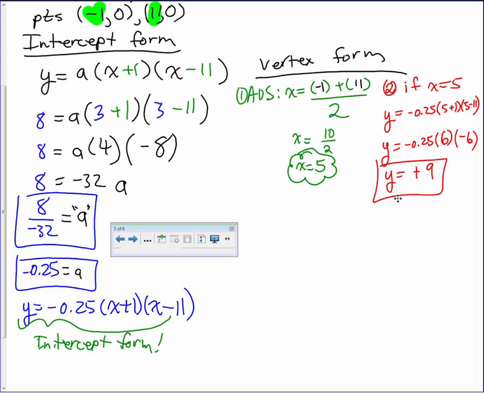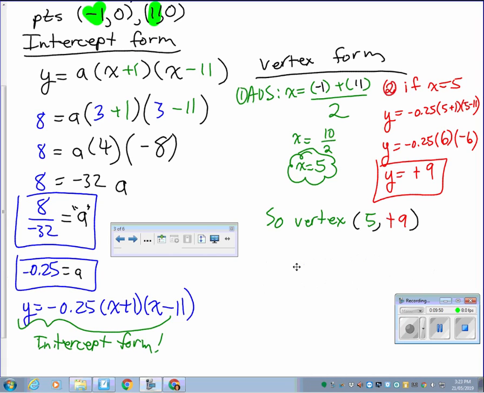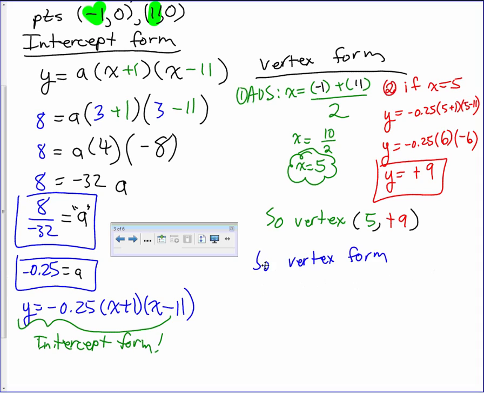So from here, we can write our vertex form. Our vertex for that equation is going to be (5, 9). So now the vertex form is simply this. Okay? Now remember, the 5 is opposite inside the bracket and the 9 is the same outside the bracket.